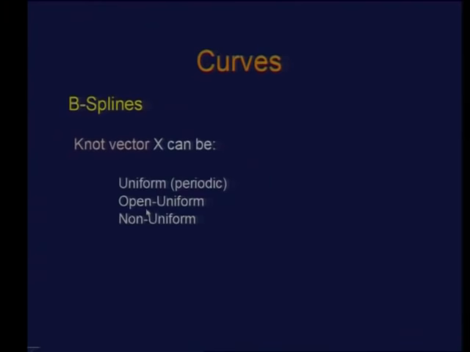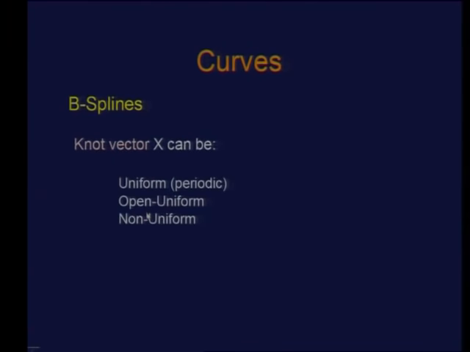And we in particular observed that there could be a number of ways in which we can define or give the x values or the knot vector x. So, they could be uniform knot vector or periodic knot vector. Periodic because the N_i,k's which are computed using these knots turn out to be periodic in nature, right. Or it could be open uniform.